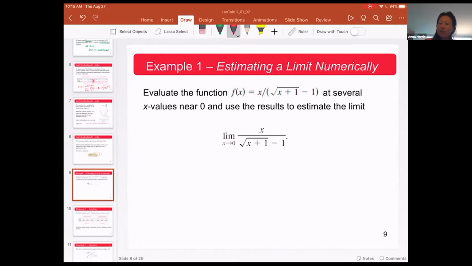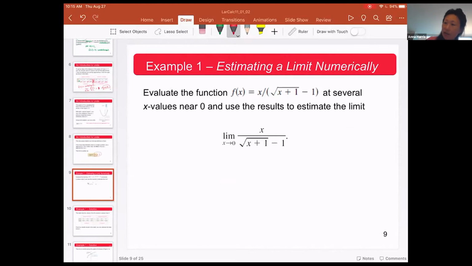Now let's look at another example. Evaluate a function f of x equal to x over (square root of x plus 1, minus 1) at several x values near 0. I want to look at 0 this time.